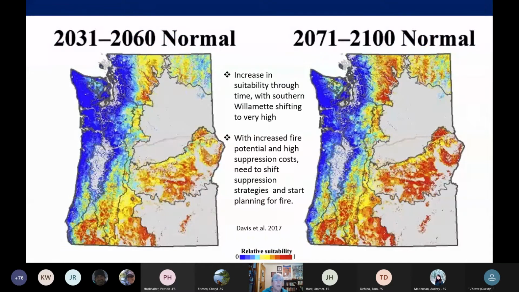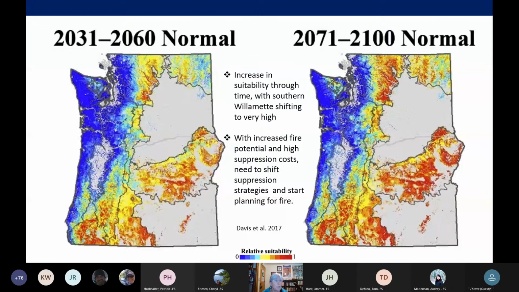And I think what you can see here in these two panels, where he looked at the near future and then the further out future, and although I don't have the Willamette mapped in here, what you can see is that in the not too distant future, many of our landscapes are going to be more suitable for wildfire.